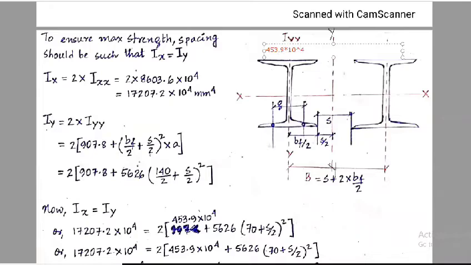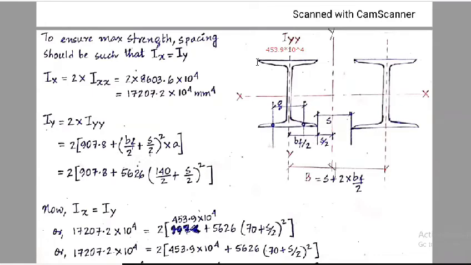Now, in order for you to find the moment of inertia about this axis, you have to adopt the parallel axis theorem. So you have to add the area of this I-beam into r square with this moment of inertia value.